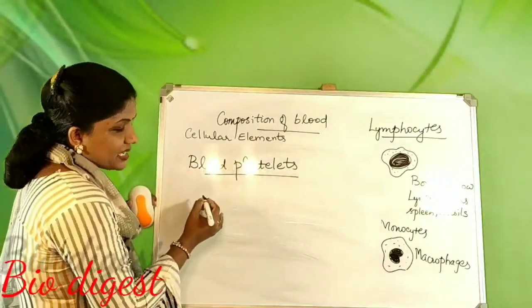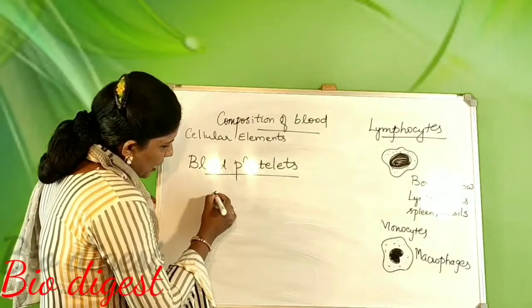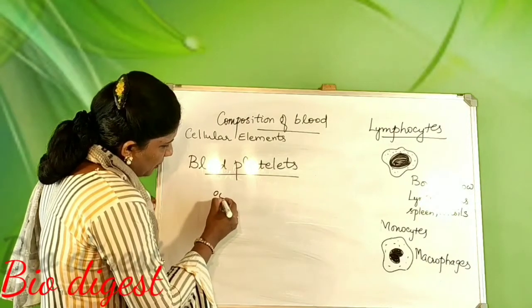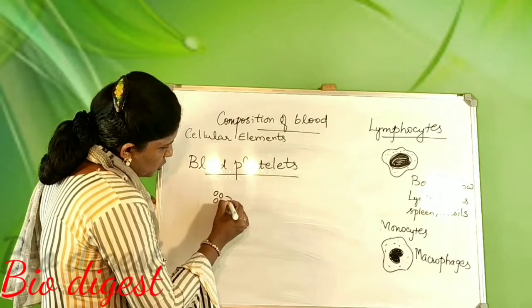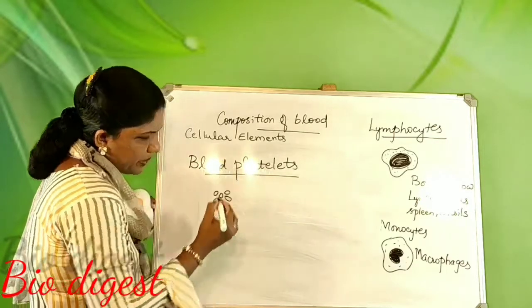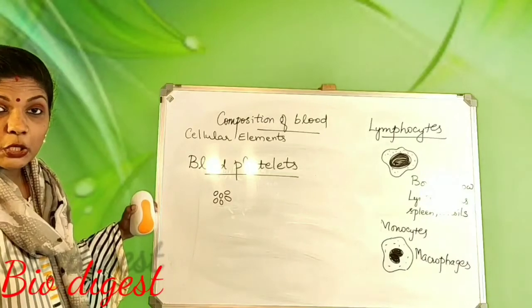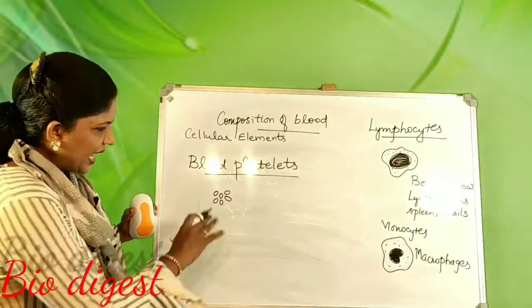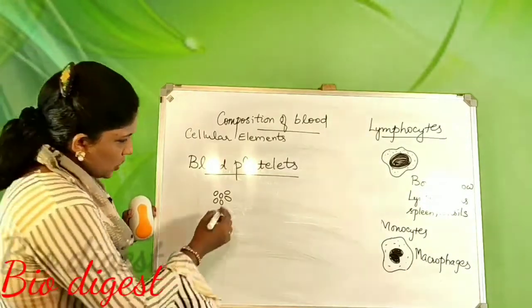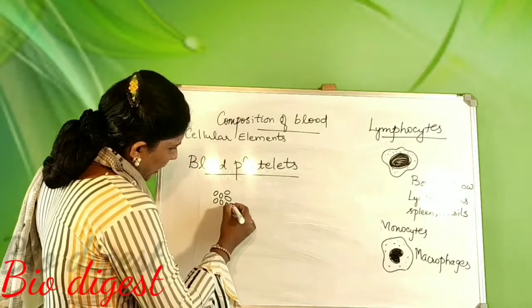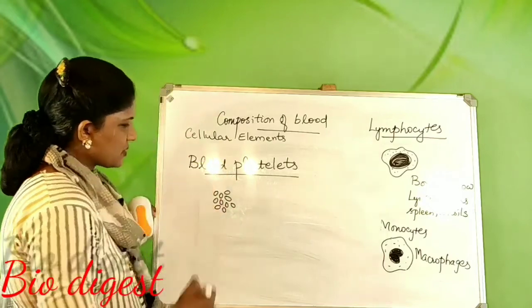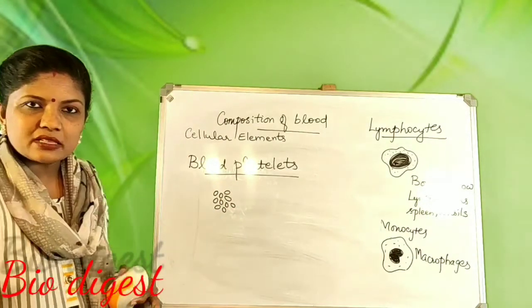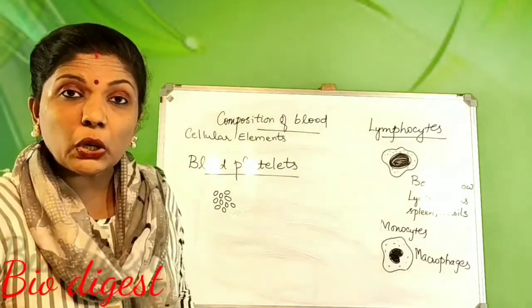So blood platelets, usually they are minute oval shaped or circular shaped structures which will be usually found floating in the blood. They are non-nucleated. They lack nucleus. So this is how we have to draw blood platelets. Minute oval-shaped structures like this. This is what is called as a blood platelet. They are non-nucleated.